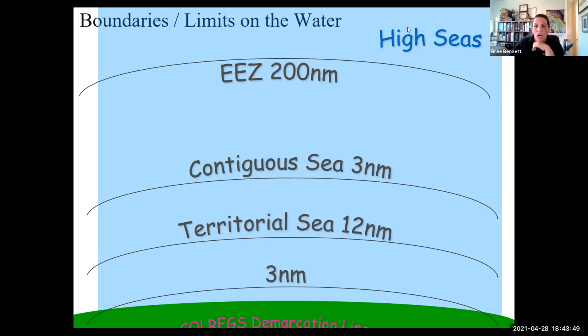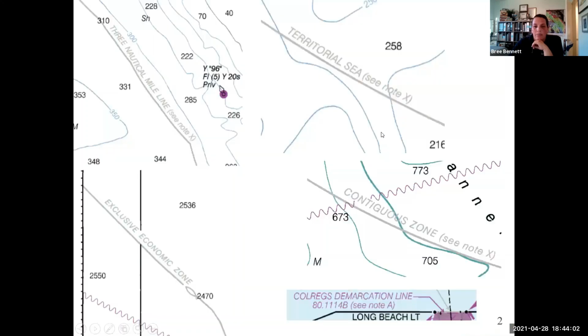And then anything beyond that would be considered your high seas or your blue water, sometimes it's referenced as. So those are kind of your zones. And they are all on your chart.